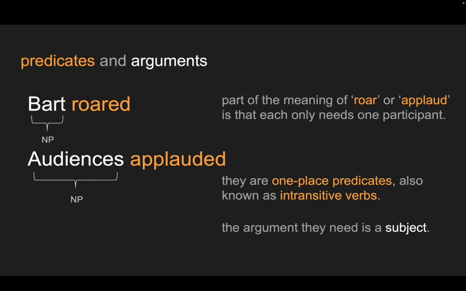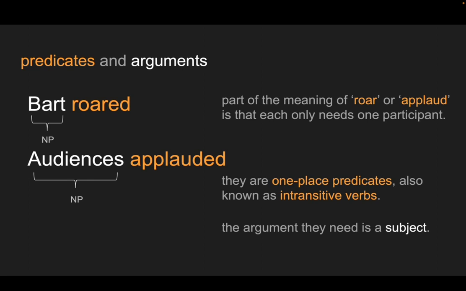When you learn these words in English, you learn that for a roaring event to happen, there needs to be somebody roaring, and that's kind of it. You can add other information if you want, but really you just need that one participant. If there's applause, you really only need somebody to applaud.